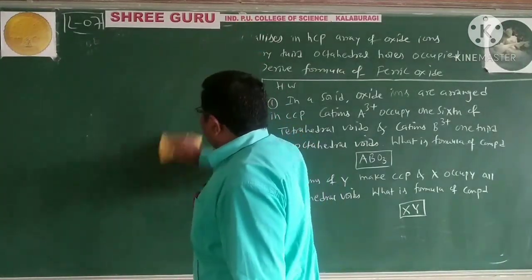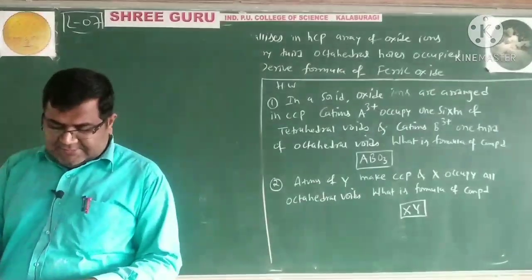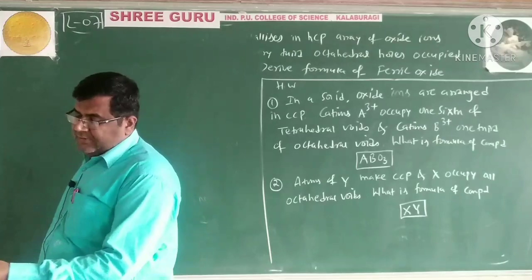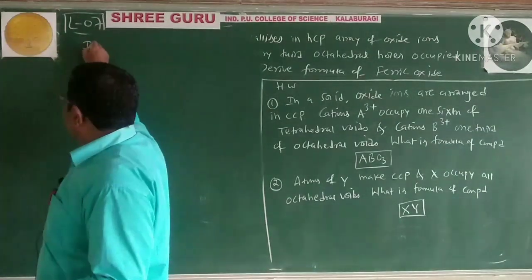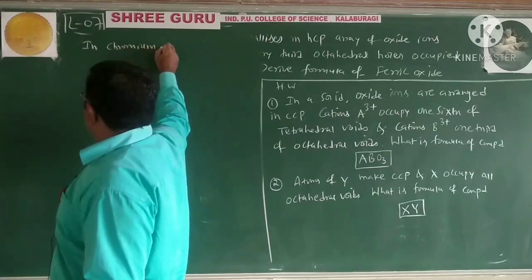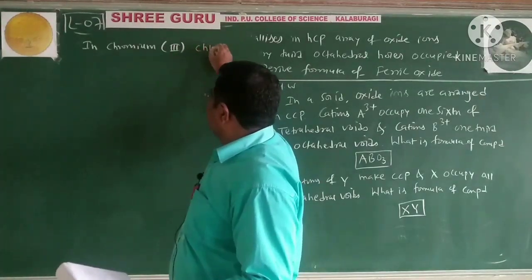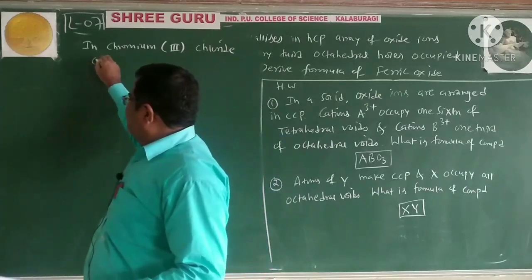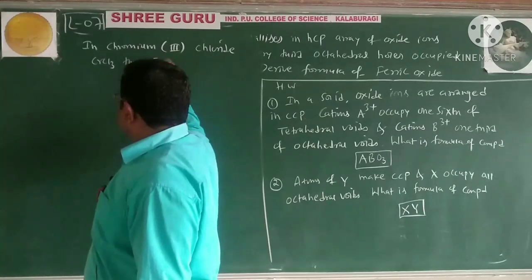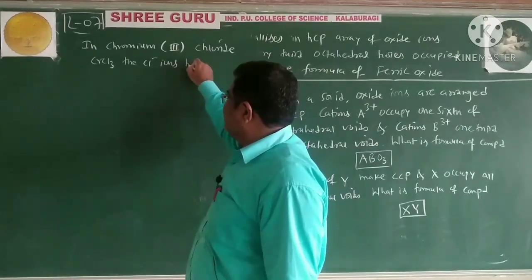Now 2 last questions are there which we will do together because they are slightly different questions. There is a possibility that this type of question can be asked in MCQs. In chromium chloride, chromium valence is 3, chloride, CrCl3. The chloride ions have CCP arrangement.